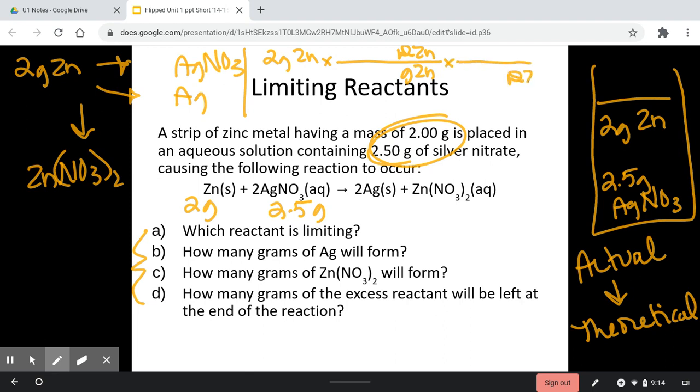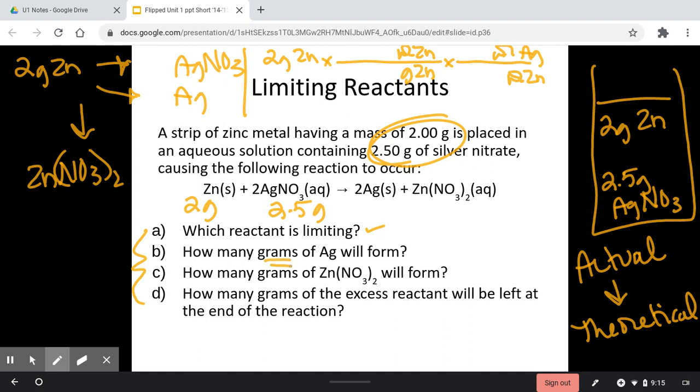I'm going to have to get from grams of zinc, 2 grams of zinc. I'll show you one. I'm going to have to get out of grams of zinc into moles of zinc. Then I'm going to have to get from moles of zinc into moles of something else, like, let's say, silver. And then I can either keep it in moles if the answer doesn't specify what unit I need to use, like A. A just asks me which reactant is limiting.